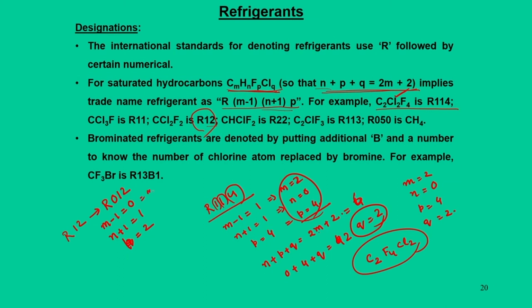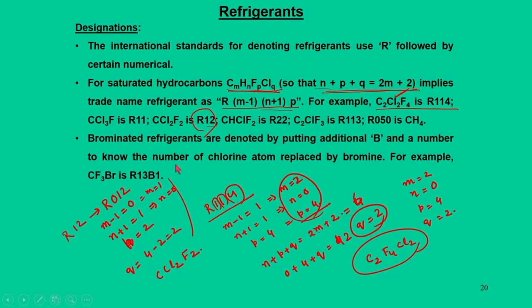So, that means m is equal to 1, n is equal to 0, P is equal to 2. Q can be found out as 2m plus 2, that is 2 plus 2, 4, minus 2 for P, and that is equal to 2 because n is equal to 0. So, from this we can find out this refrigerant would be CCl2F2.